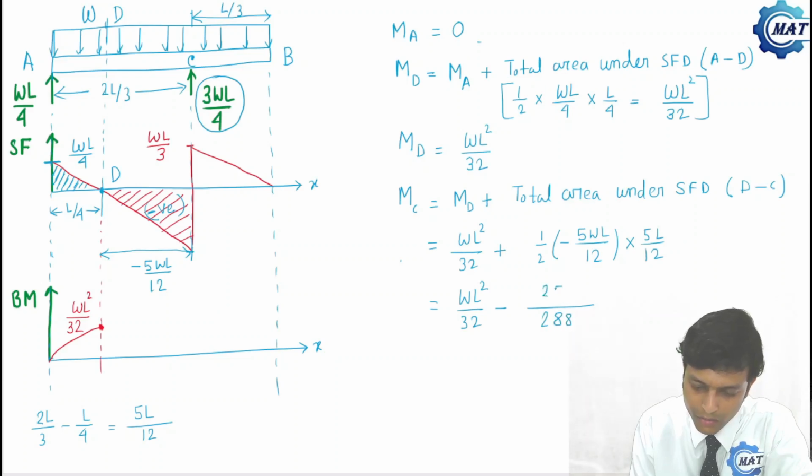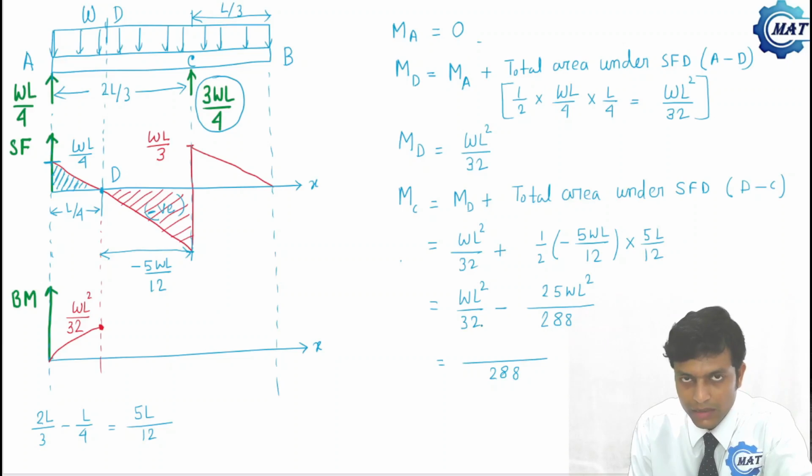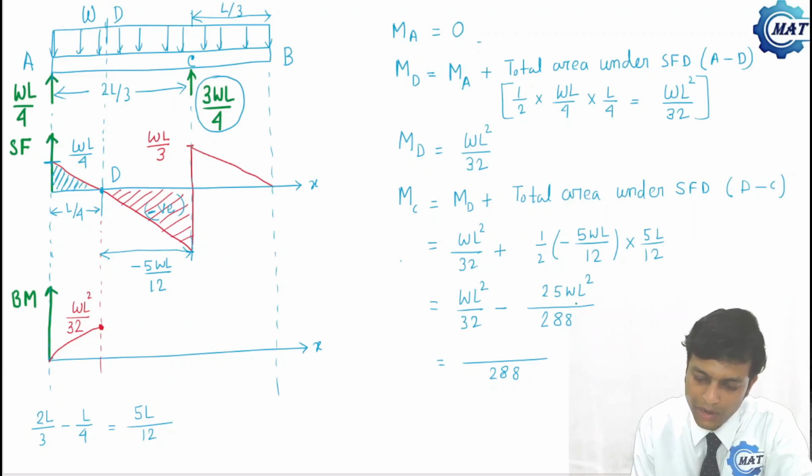into 2, that is 288, into 25 WL square, and that becomes 288. 288 divided by 32 is 9. So 9 WL square minus 25 WL square, that is minus 16 WL square, and 288 divided by 16 is 18.